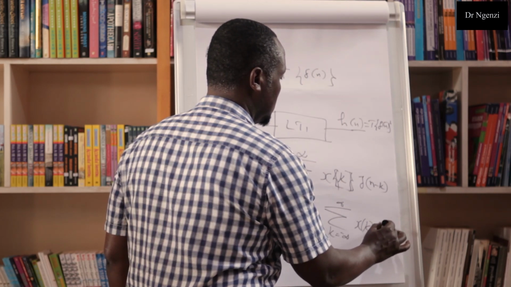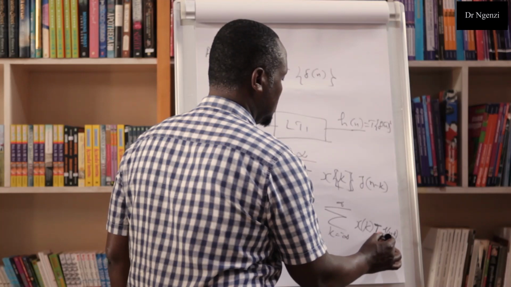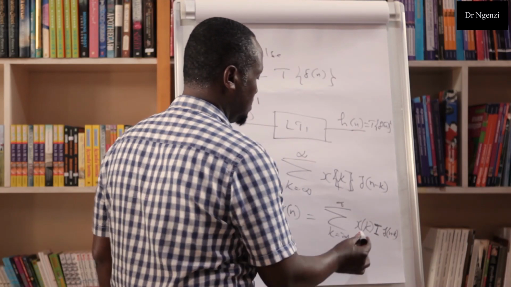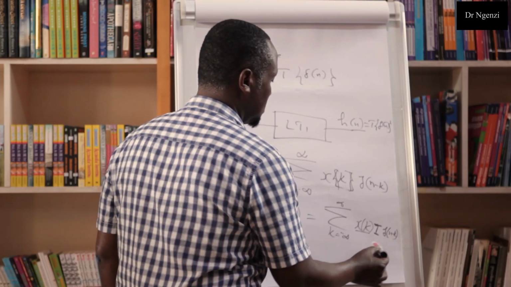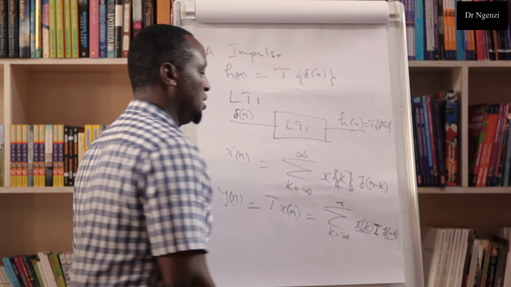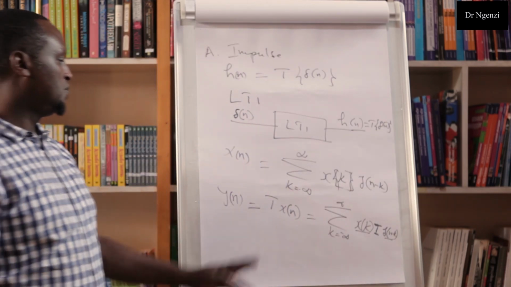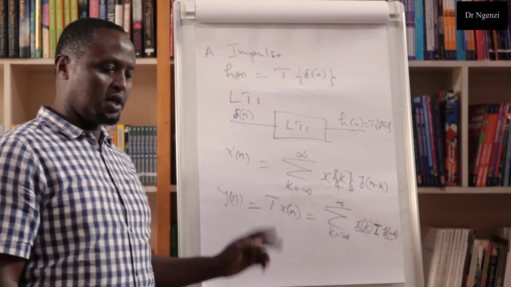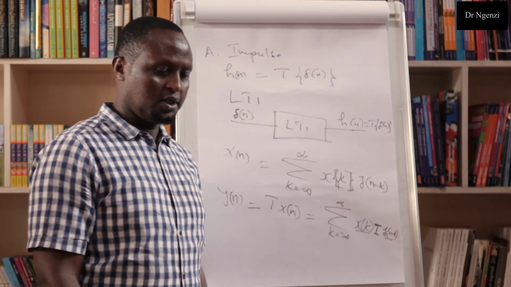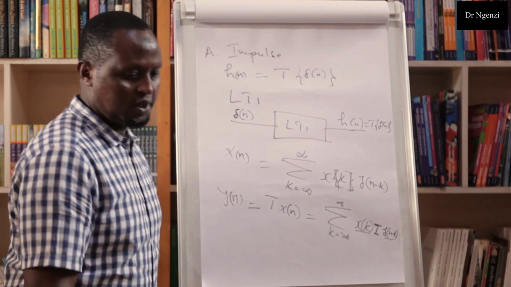So this is T in between, which is a transformation that we mention. So this is the shift theorem that you can see. So this is the resultant of the system. So it can be written properly.